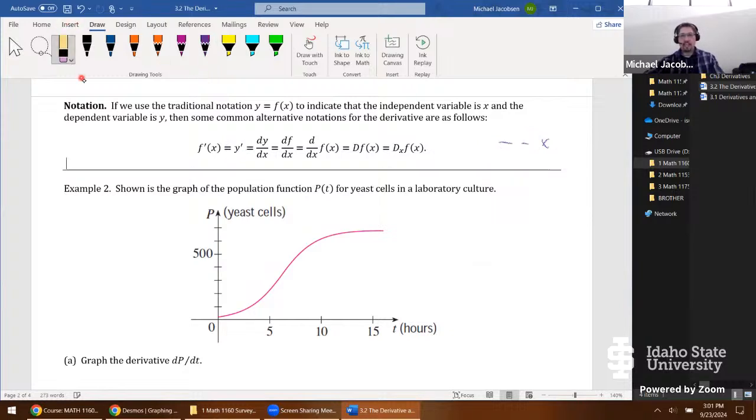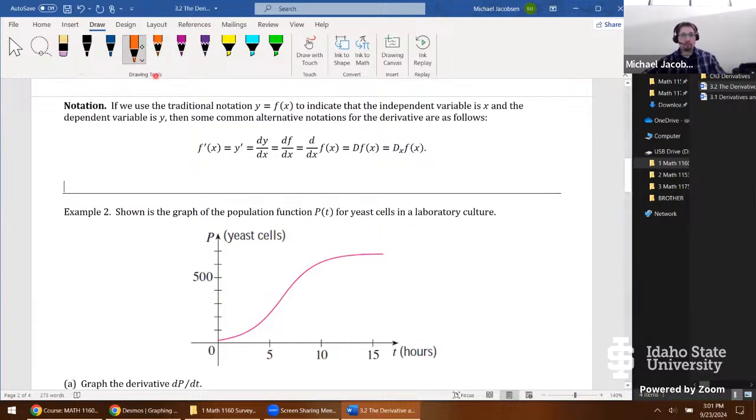And these ways of indicating derivatives are known as Newton's prime notation. For one of the co-founders of calculus, Isaac Newton, he liked this notation because it's just really easy to express.